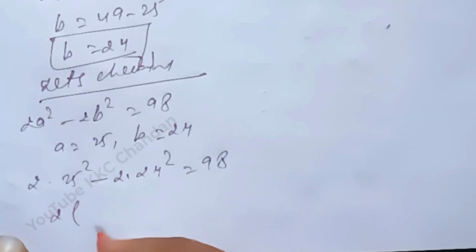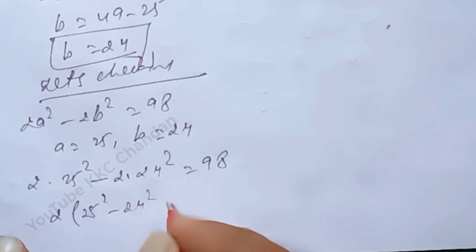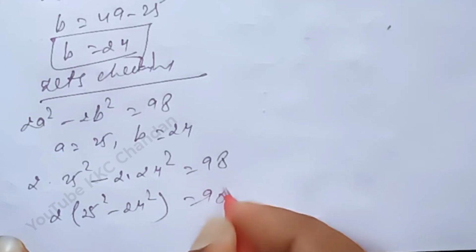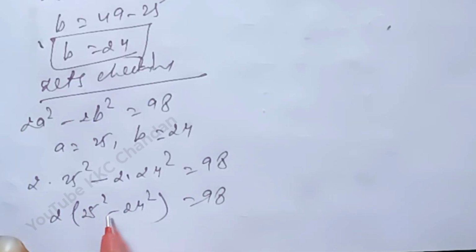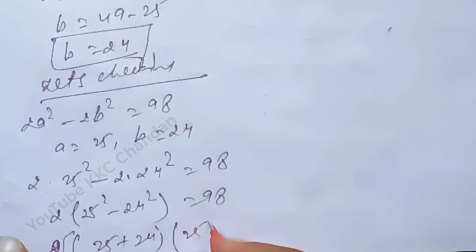Take common 2: 2 times bracket 25 square minus 24 square bracket close is equal to 98.